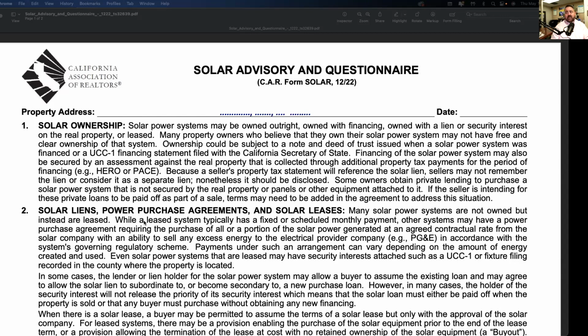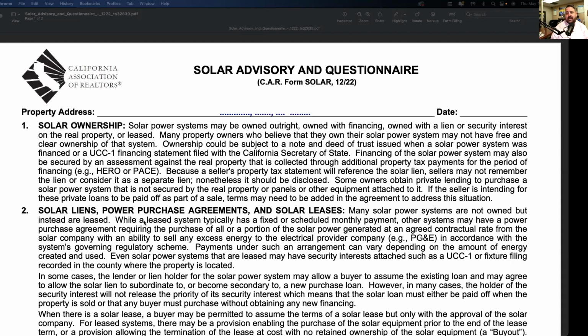So by default, it isn't that the seller is going to pay off the solar panels or any other leased or liened items. The default is that, just like with any other contingency, the buyer has the right to investigate, look through the paperwork, and find out if they can qualify for that transfer.